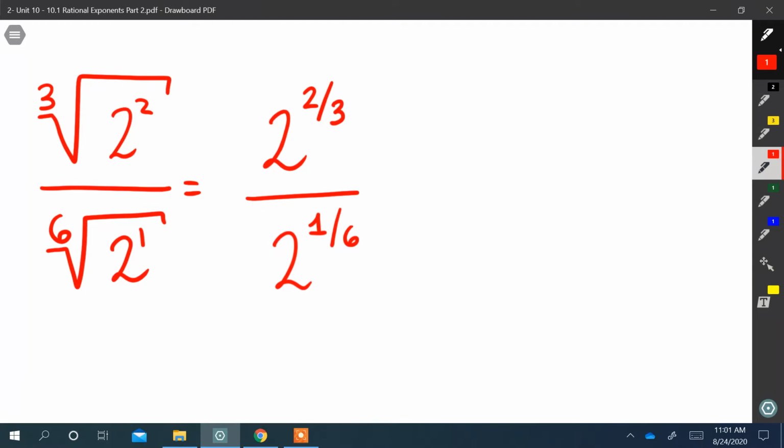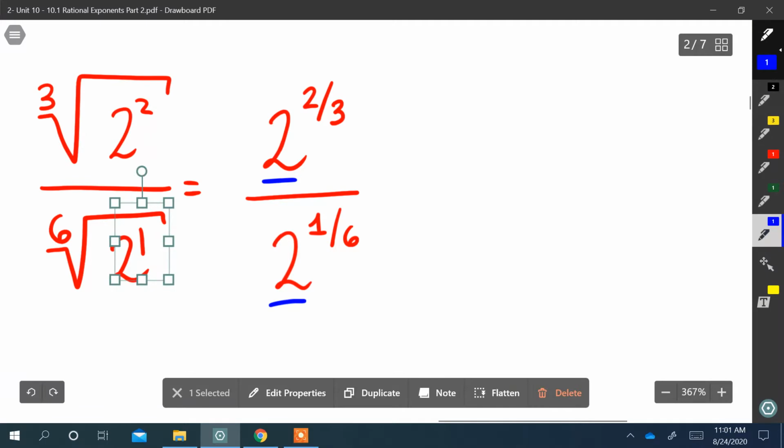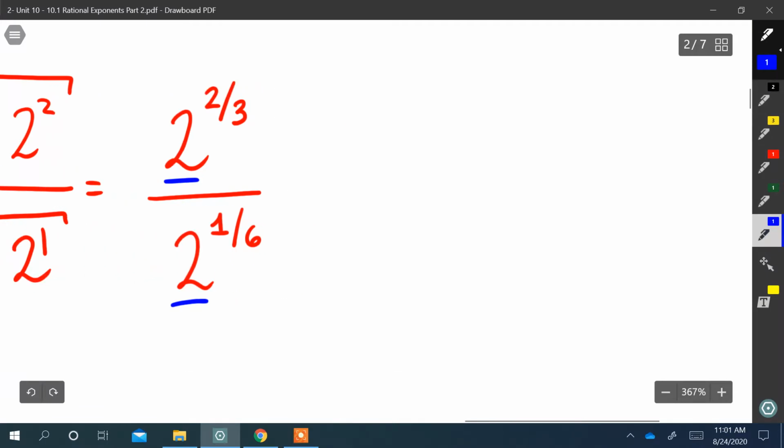Remember, when we have the same base, this is something you should have learned in Algebra 1, you can subtract the exponents when you're dividing. So because we're dividing here, we're actually going to subtract.